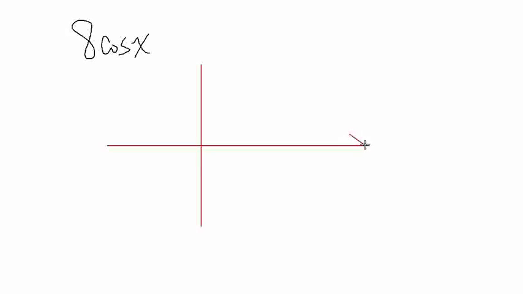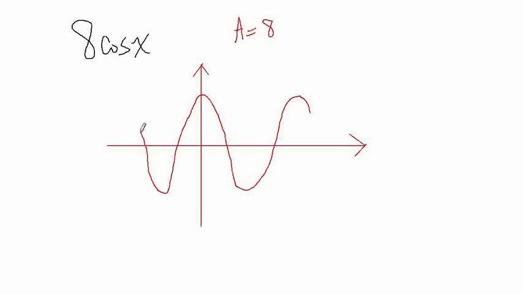So the amplitude is 8, and the effect of the 8 is to stretch the graph vertically. So a sketch would look something like this, where the graph has a y-intercept of 8 instead of 1.